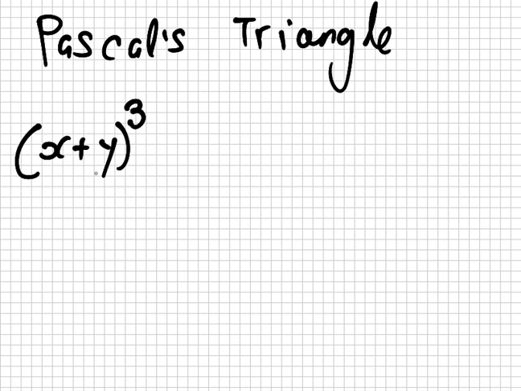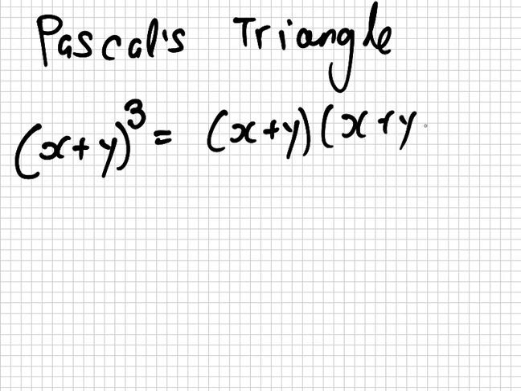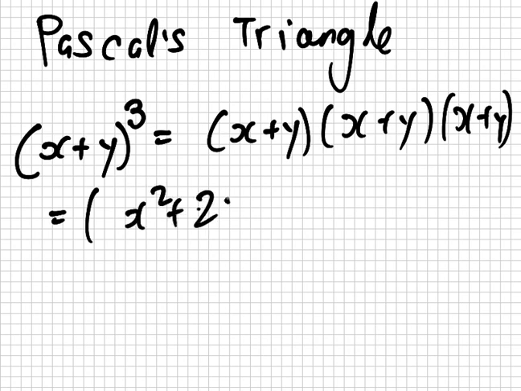We've seen how to do power 2. The way to do power 3 is to multiply it by itself 3 times. When I multiply the first two, I get x squared plus 2xy plus y squared. Then I multiply this by x plus y.